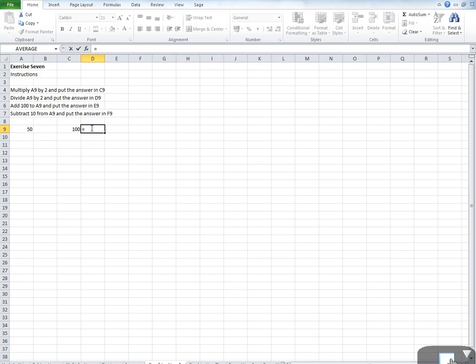And then I've asked you to divide A9 by 2 and put the answer in D9. So I have the equal sign, and the division sign, which is just above the number 8, above your keypad, divided by 2. And then I've asked you to add 100 to A9. Equal sign again, that plus 100, and press equals.